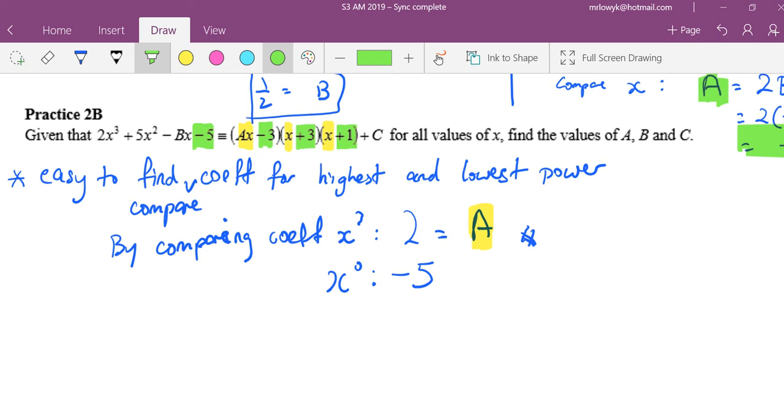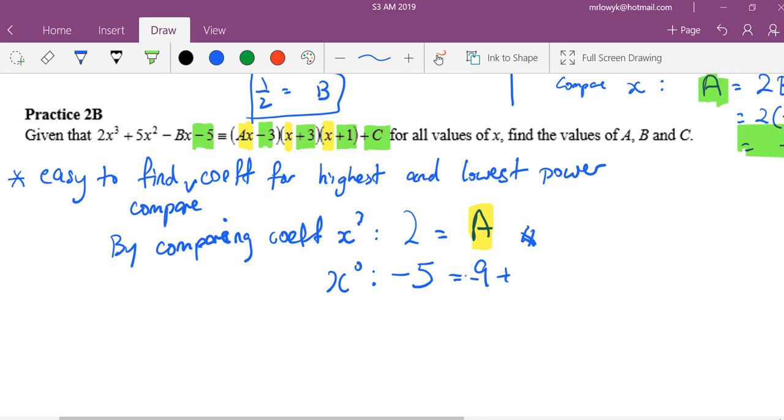So let's try. Negative 3 times 3 is negative 9. Negative 9 times plus 1 is? No. Negative 9. I multiply, right? Multiply. Then plus c. So this will be negative 9 equals to negative 9 plus c. C equals to what? 4.